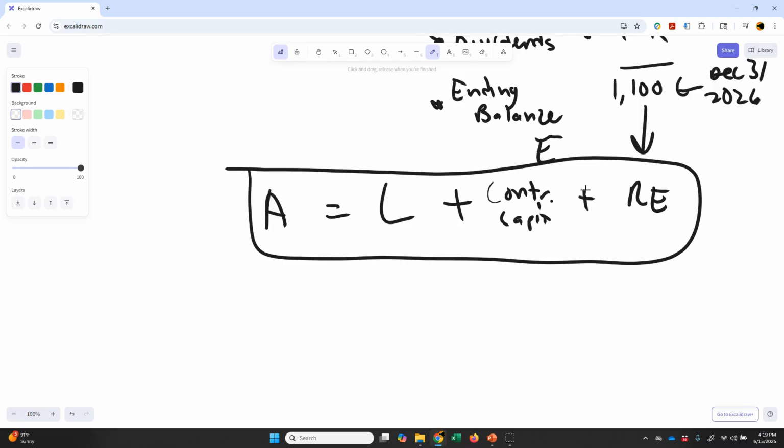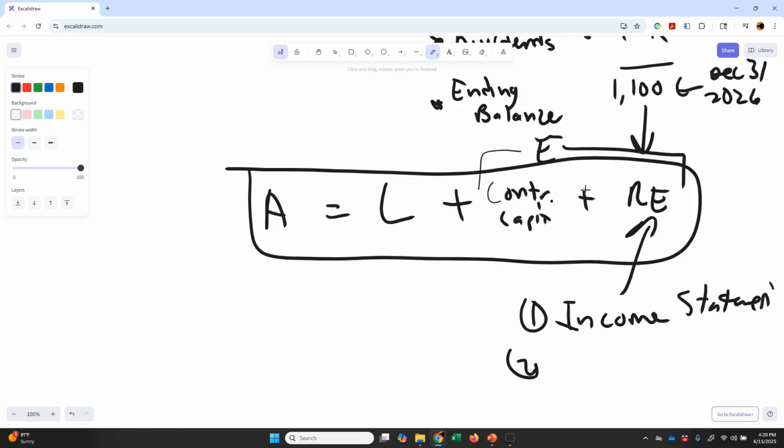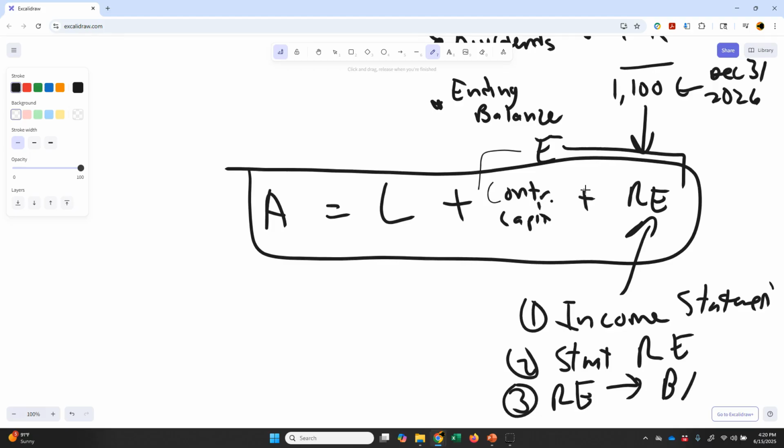So again, this equity section, we provided a little more detail. To get to this retained earnings, we first did the income statement. We then did the statement of retained earnings. That gave us the ending balance of retained earnings to be able to complete the balance sheet.